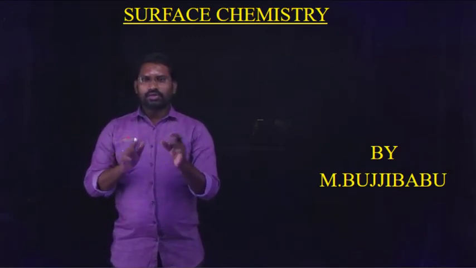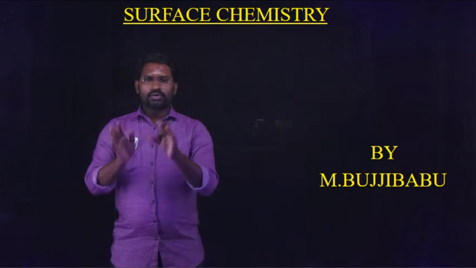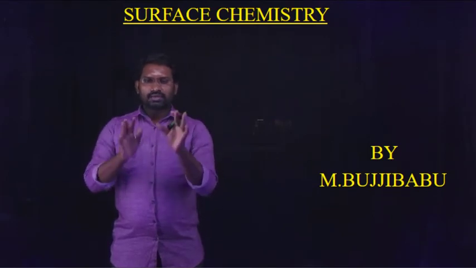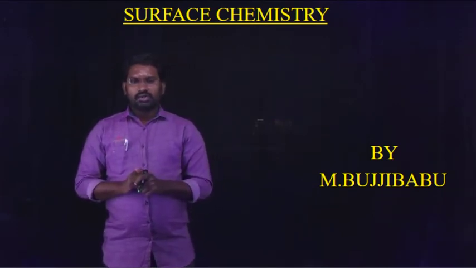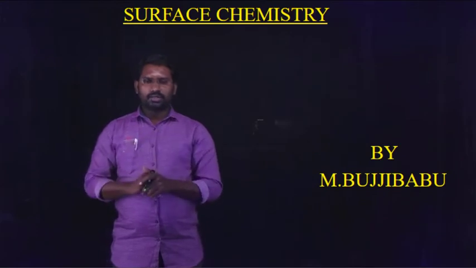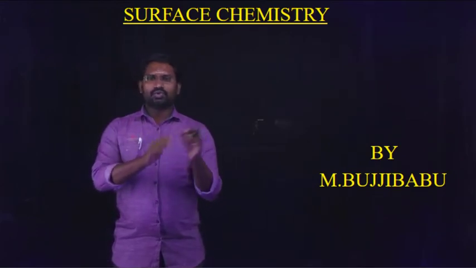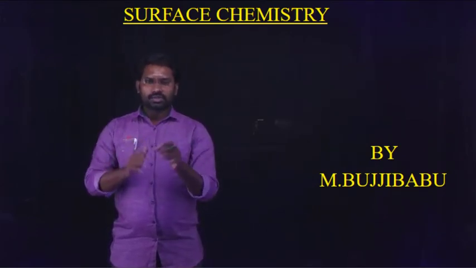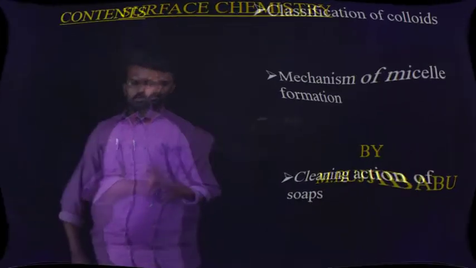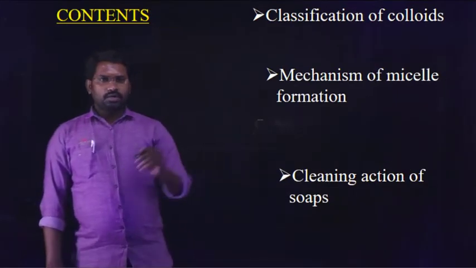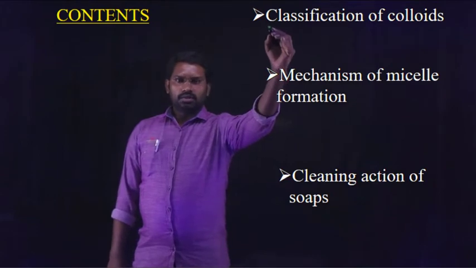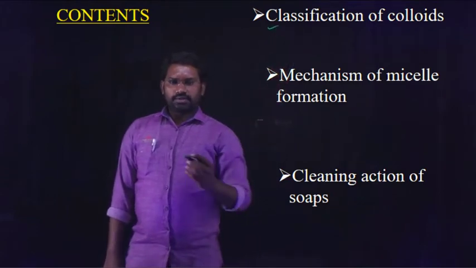So in this video, students, we are going to explain the classification of colloids, the mechanism of the colloidal system, and the cleaning action of soaps. All these concepts are discussed in this video. The first content is classification of colloids.